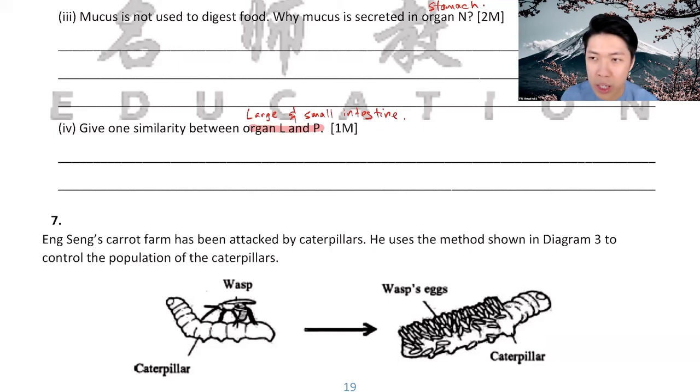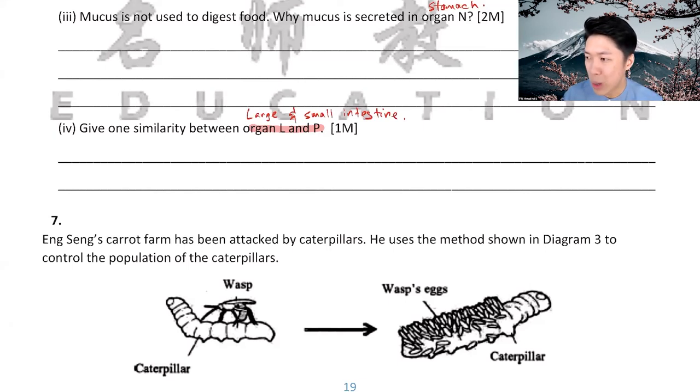So that's not really a significant answer. For food to pass through, both also to absorb food. That's considered as the same category as I mentioned. Both are organs in digestive system. That's obvious. So we don't do answers like that.